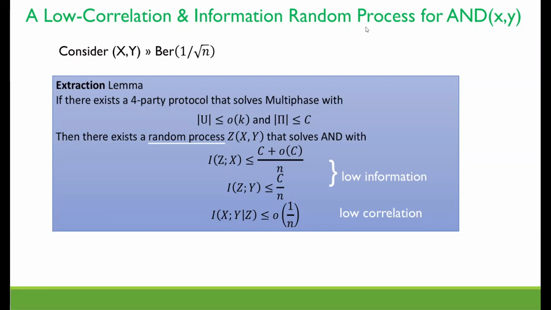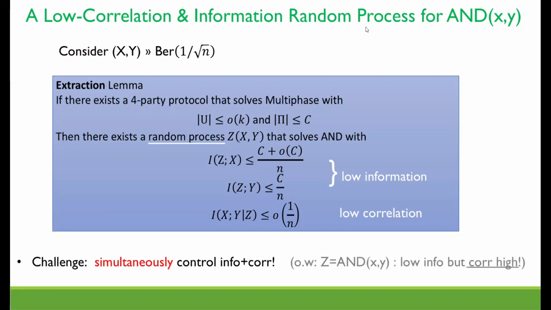Then one can show that such a random process cannot exist. So the main challenge here is extracting a random process achieving low information and low correlation simultaneously. If either one of them is high, then one cannot deduce any contradiction.